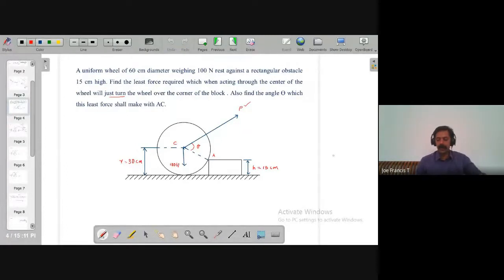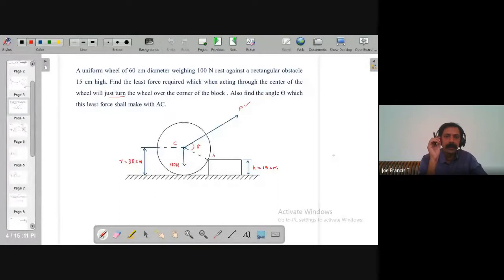Okay. So this was the last problem that we discussed. Here there is a uniform wheel of 60 centimeter diameter and weighing 100 Newton, which rests against a rectangular obstacle 15 centimeter high.